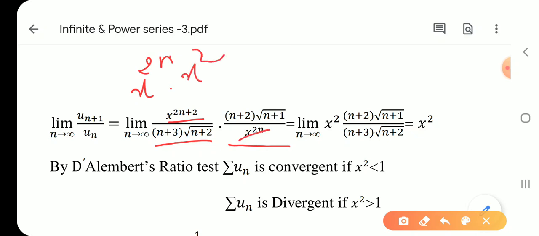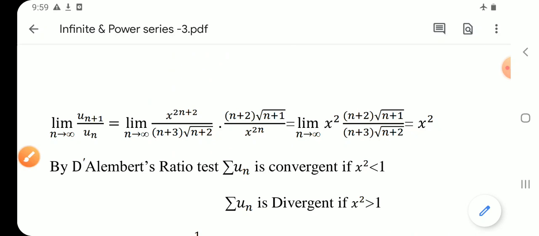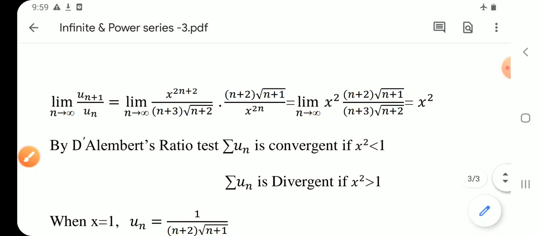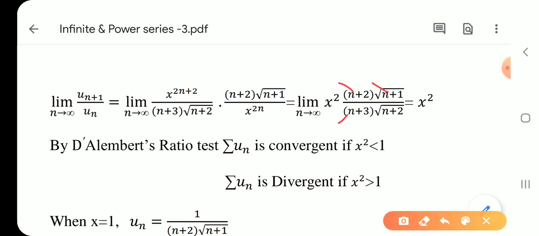So x to the power 2n cancels, x square remains, which I have written here, and the remaining terms n plus 2, n plus 1 written here, n plus 3 square root of n plus 2 written here. So as we have taken in the previous problems, take n common here and root n common here, and apply the limit n tends to infinity. When you take infinity to n, you are left with x square.